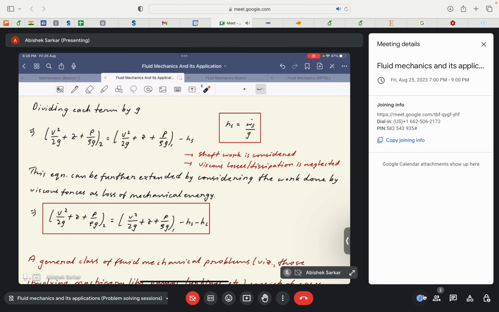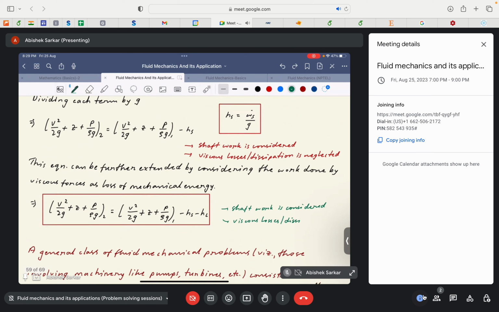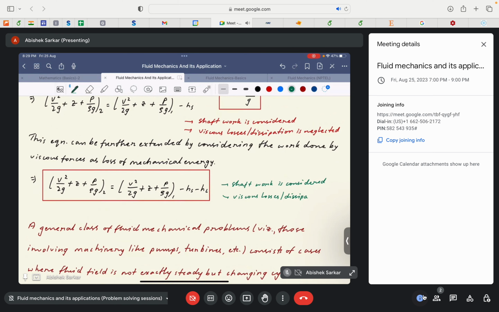Okay, so here shaft work is considered, as well as viscous losses or dissipation is also considered.